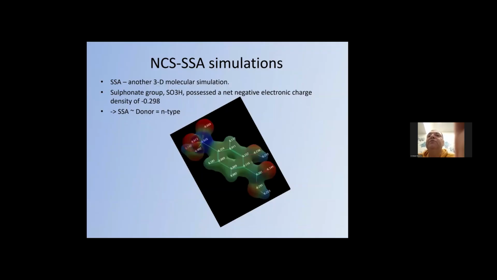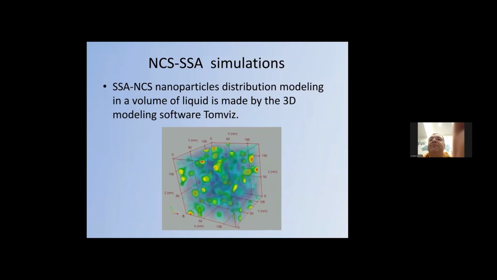The sulfonate group was proved to set a negative electronic charge, with an exact density of minus 0.298. So sulfosalicylic acid seems to be a donor of electrons, and in this way we expect to have electrons as majority carrier in this material.